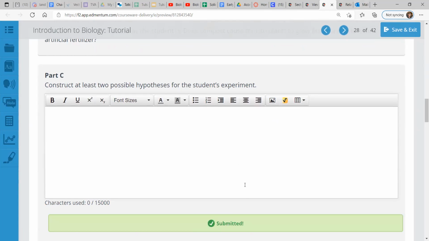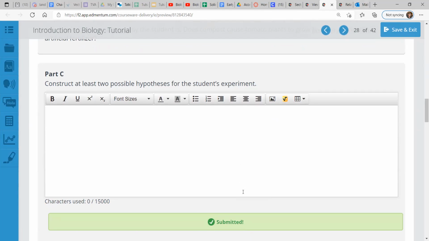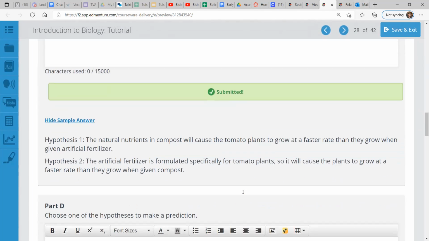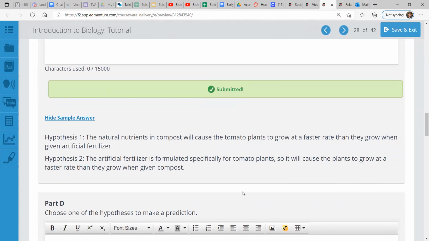Construct at least two possible hypotheses for the student's experiment. And these hypotheses have to be set up in a certain way. I'll read them to you, and you tell me if you can see why these are set up the way they are. So the first one: the natural nutrients in compost will cause the tomato plants to grow at a faster rate than they grow when given artificial fertilizer.